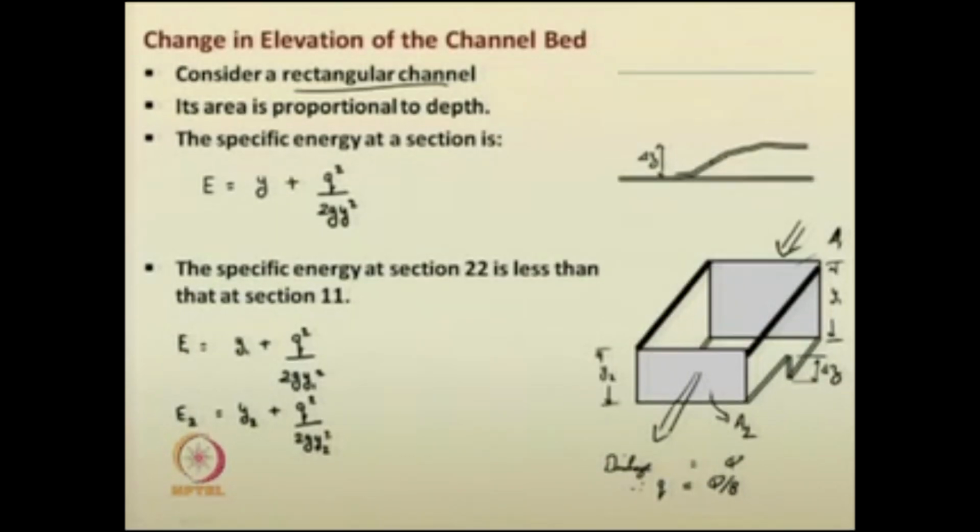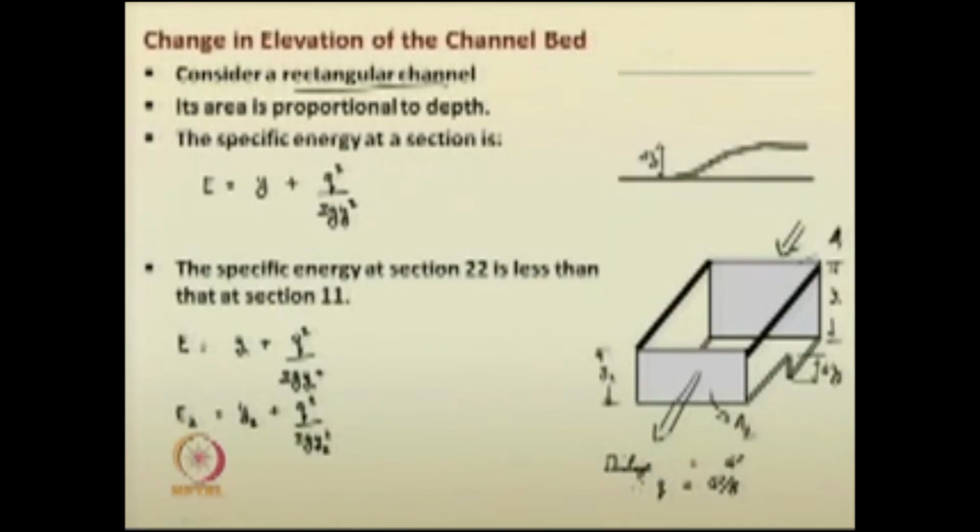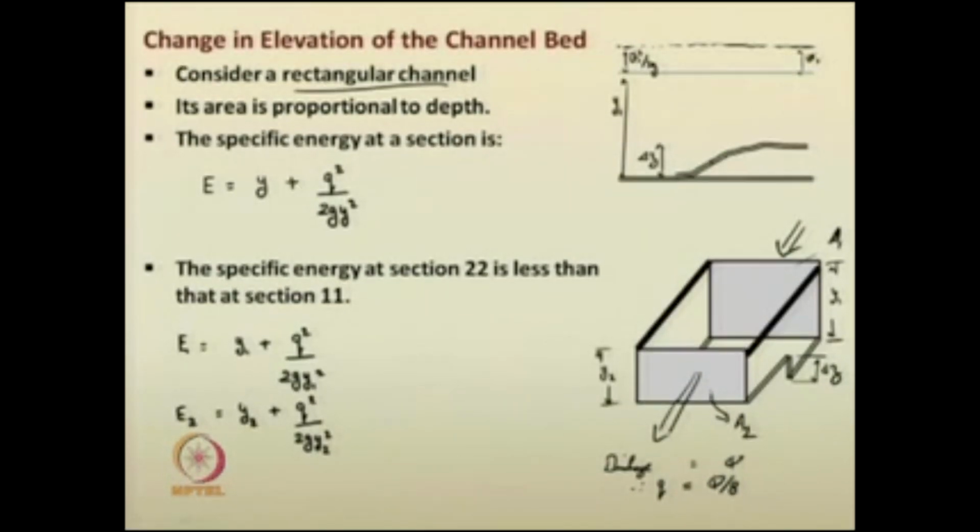How are they related now? How can we relate E1 and E2? Can you have a guess? If you see here, the specific energy diagram will be looking like this. So, this is the depth of flow Y1 and this is the velocity head V1 squared by 2G. Here also, V2 squared by 2G, and this is Y2.